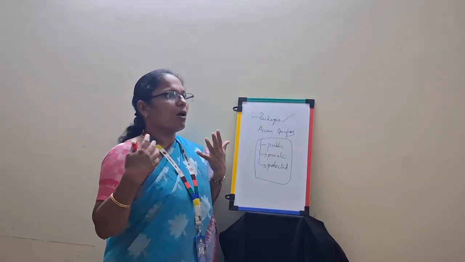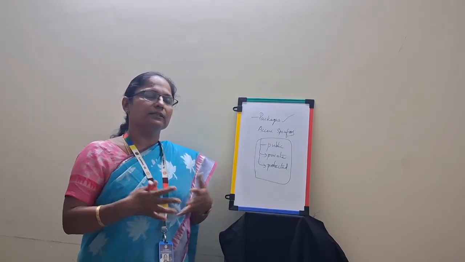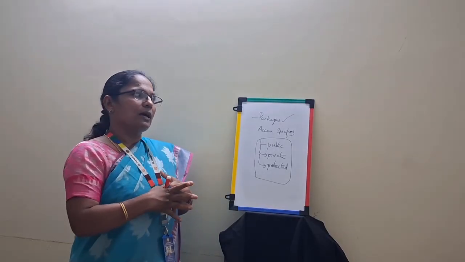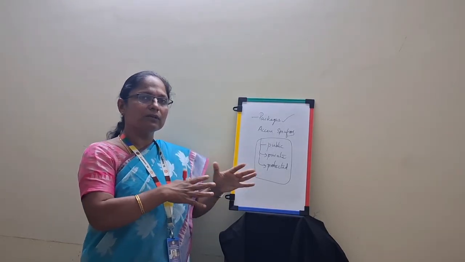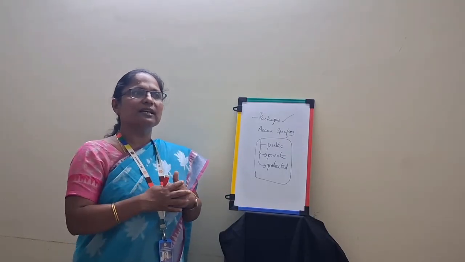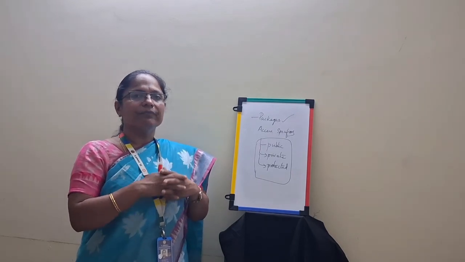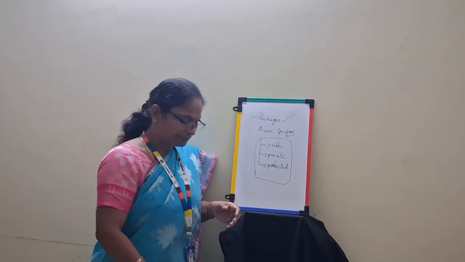Java is like a vast ocean. I have only covered the basics, the introduction part. In the next videos I will take each topic and give you the inner details in depth.